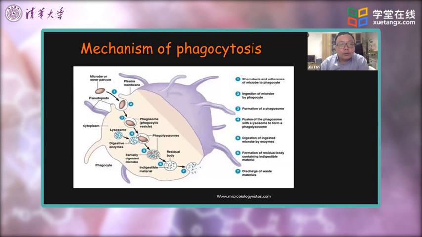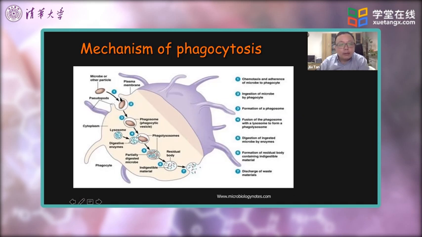Here is a diagram of the process of phagocytosis. Basically, the microbes, either bacteria or viral particles, can be taken up by so-called pseudopods, the protruding parts of the macrophages or neutrophils.